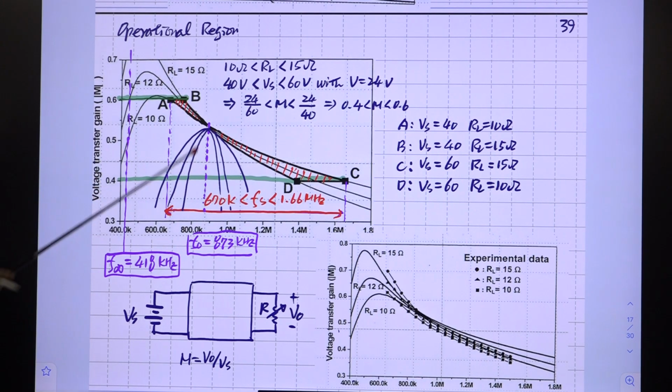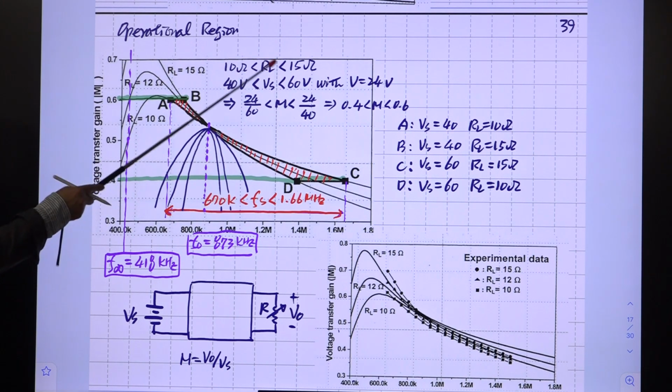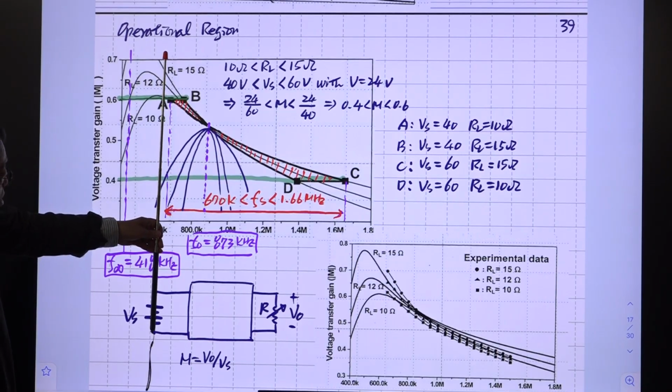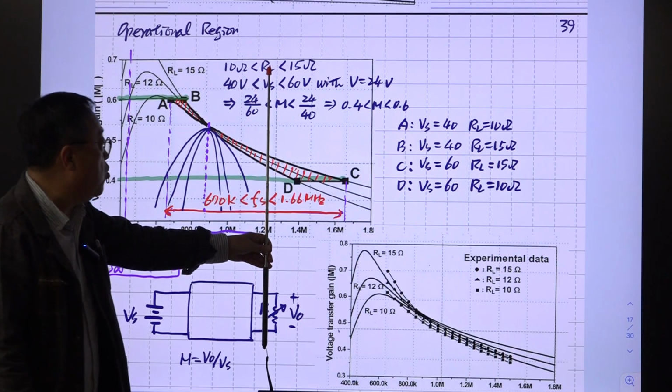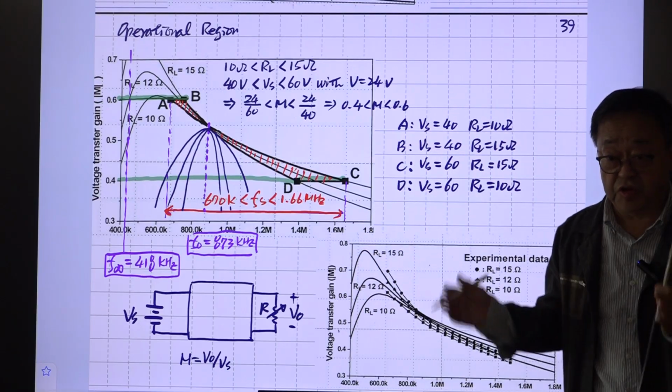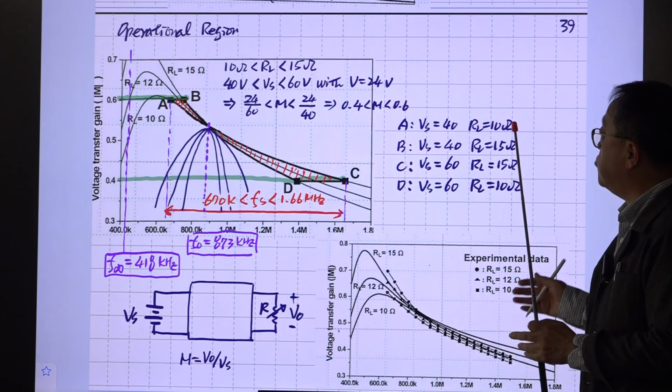So if you change this in this range while maintaining the output voltage at 24 volt, then the switching frequency should be somewhere here. It varies from 670 kilohertz to 1.7 megahertz. This is a huge variation in switching frequency, so this is not a good design.